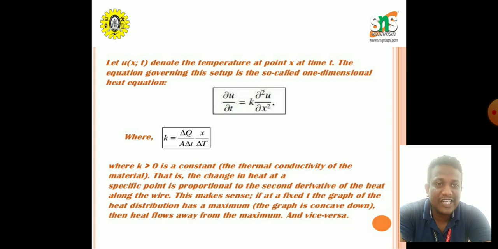That is, the change in heat at a specific point is proportional to the second derivative of the heat along the wire. This makes sense: if at a fixed t the graph of the heat distribution has a maximum, the graph is concave down, then heat flows away from the maximum and vice versa.